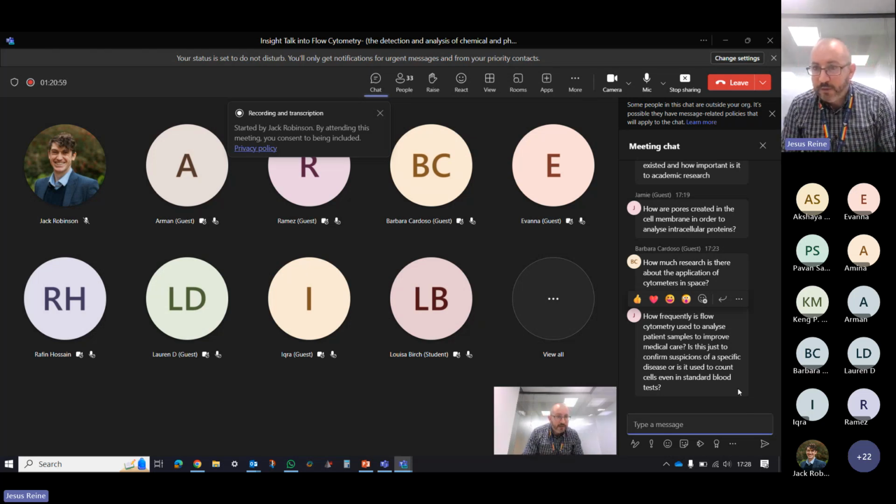It can also be used to confirm a specific disease, because like I said before, there are specific biomarkers associated with a specific disease, and when you have a very low expression of something or a low number of cells for a specific population, we can say this diagnosis is compatible with this potential disease. Then the clinician will run additional tests with other methods to confirm whether what we see is true or not.